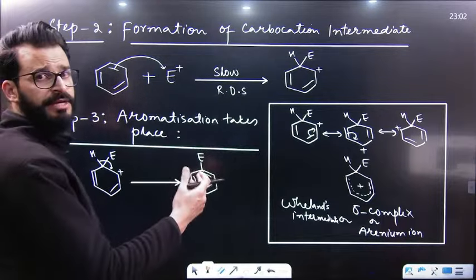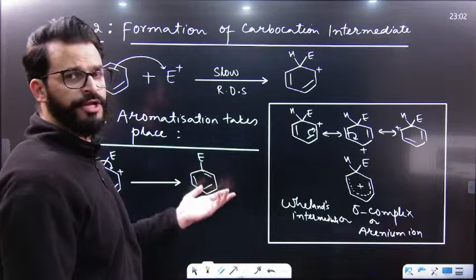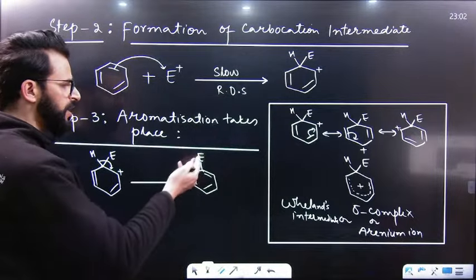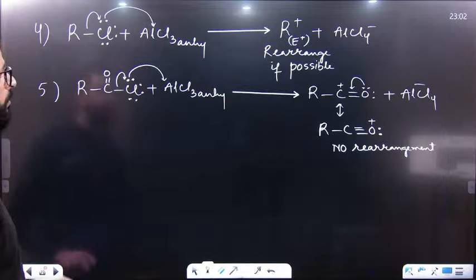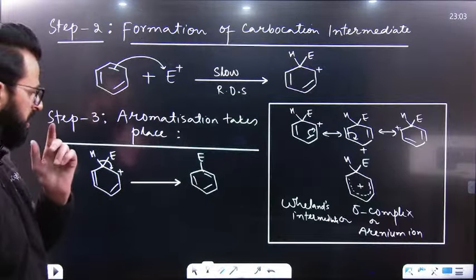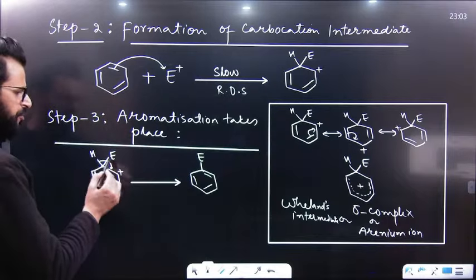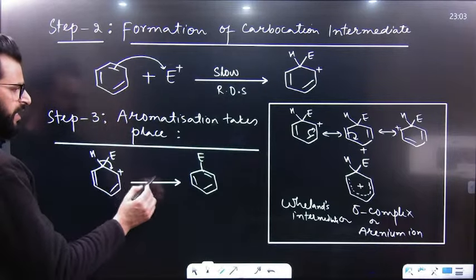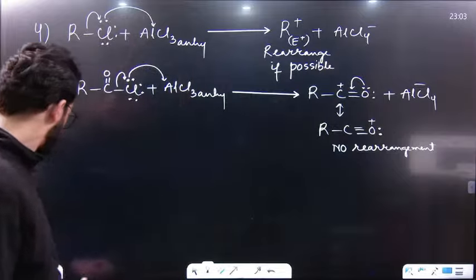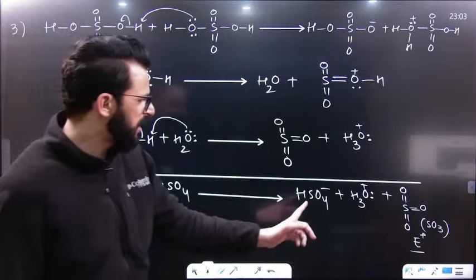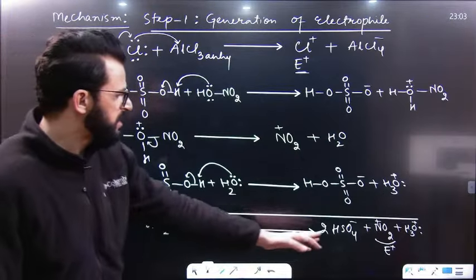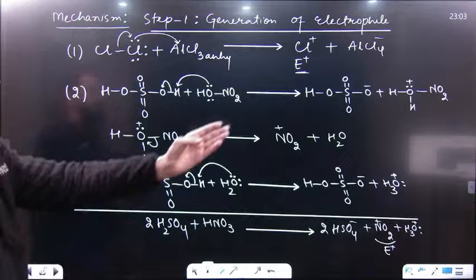Or it will be introduction of SO3H, sulfonation; introduction of R, Friedel-Crafts alkylation; or introduction of C double bond OR, acyl, hence Friedel-Crafts acylation. Now, this H positive will be removed by the negative part, either AlCl4 minus or HSO4 minus.